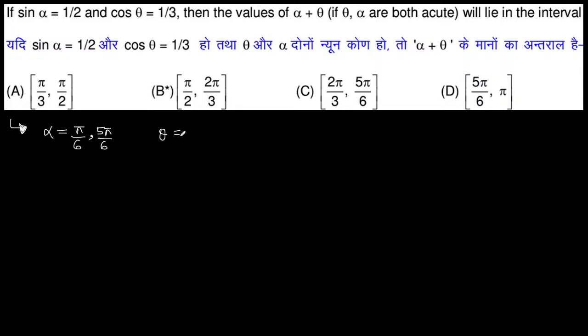Theta will be, so cos theta is what? 1 by 3. If you see the graph of cos theta, 1 by 3 will be here, 1 by 2 will be here.